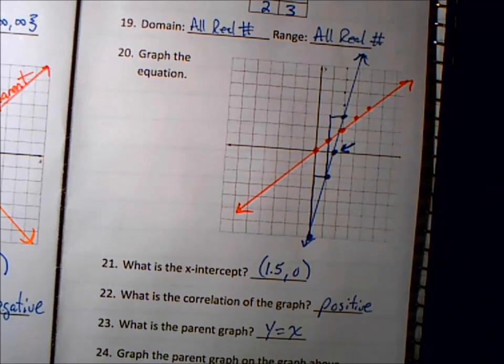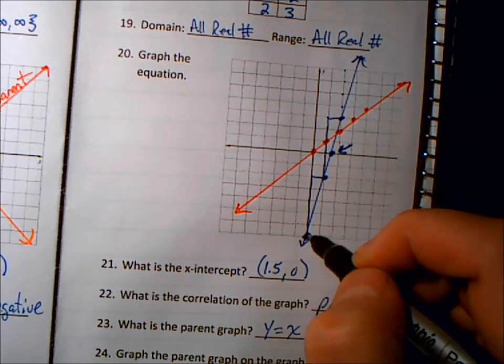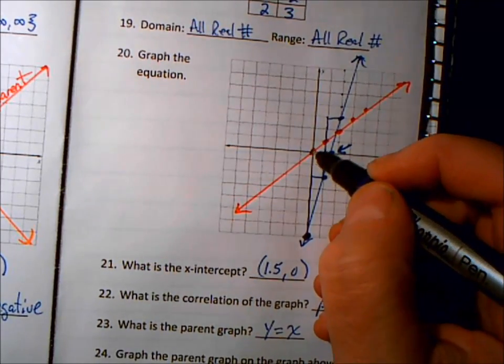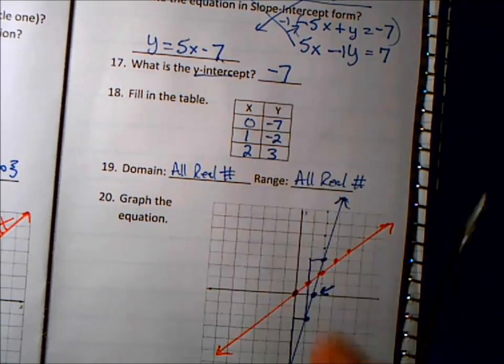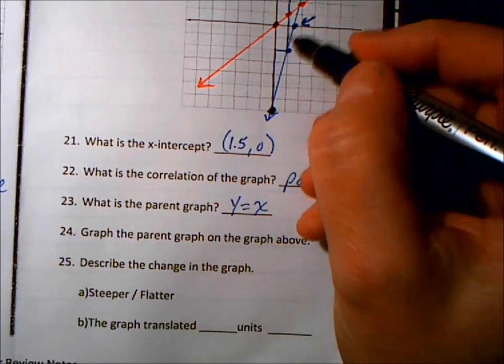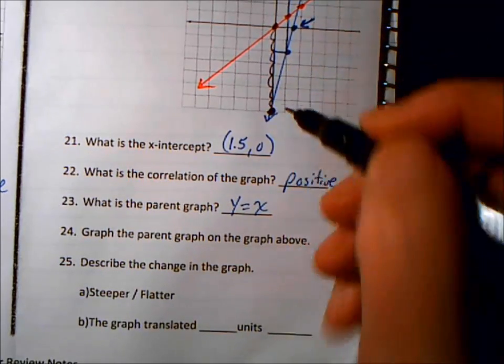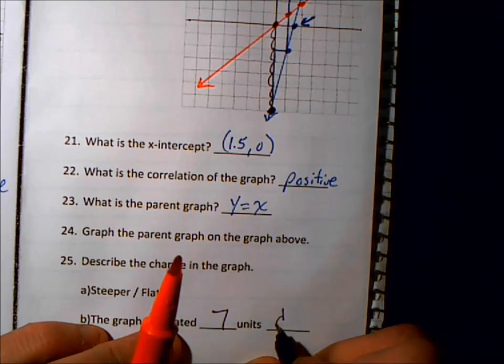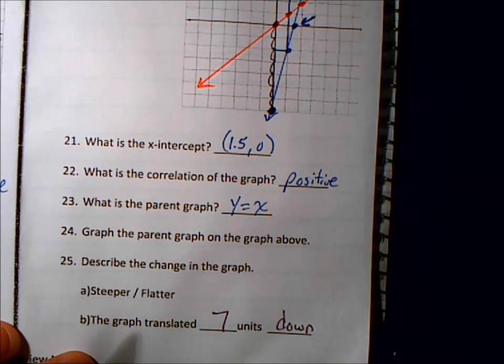The translation, it intersects the y-axis down at the bottom, so from 0 to the y-axis it should drop 7. I can count it. 1, 2, 3, 4, 5, 6, 7. 7 units down. And now I need to know whether it's steeper or flatter.